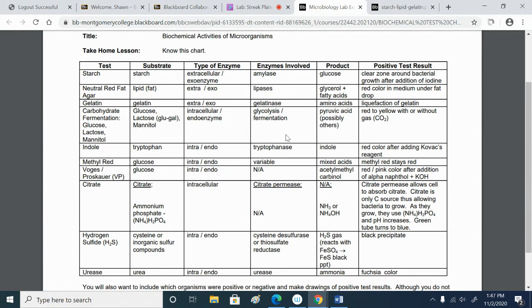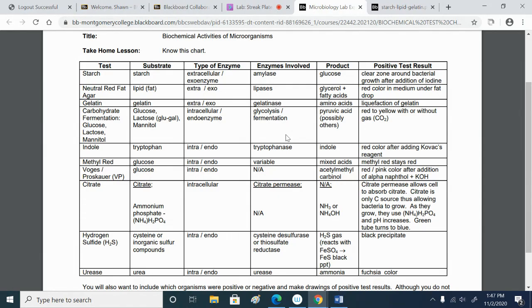The protease specific for gelatin is gelatinase, which must be secreted into the environment to break down gelatin into smaller pieces that the bacteria can absorb. So amylase, lipase, and gelatinase are all extracellular enzymes because all those substrates are big. They must be broken down on the outside of the cell first, and then the smaller pieces can be absorbed.